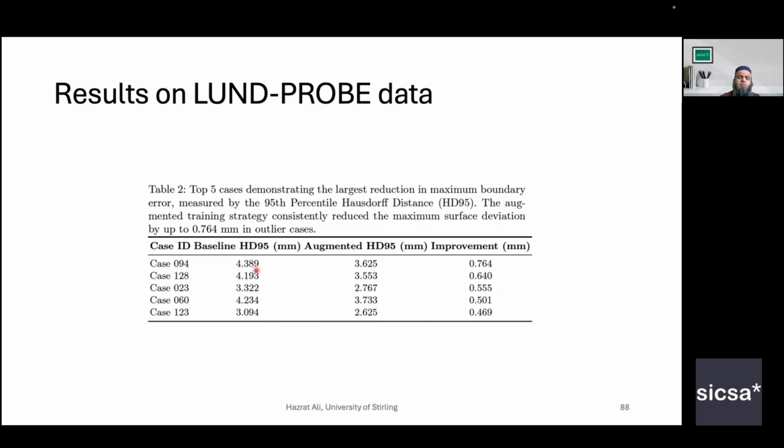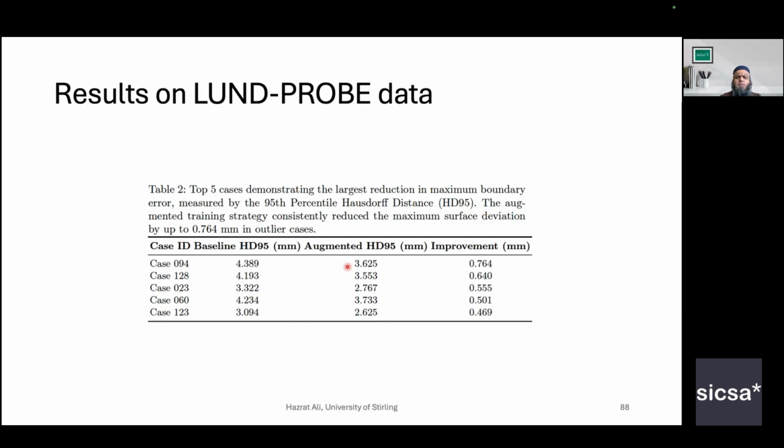So we can see the values of HD95 for these 5 cases for the baseline nnU-Net without any augmented data. And for the models trained with the augmented data, we can clearly see improvement in the HD95 score.